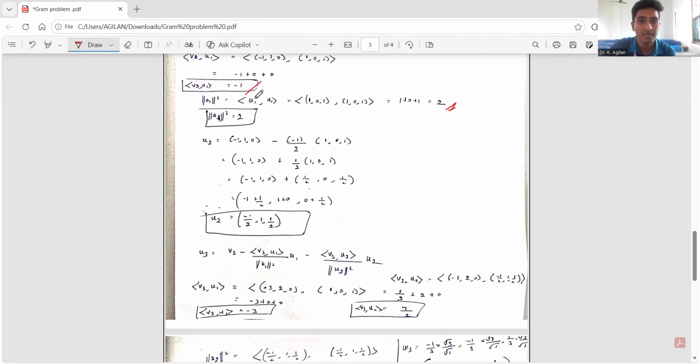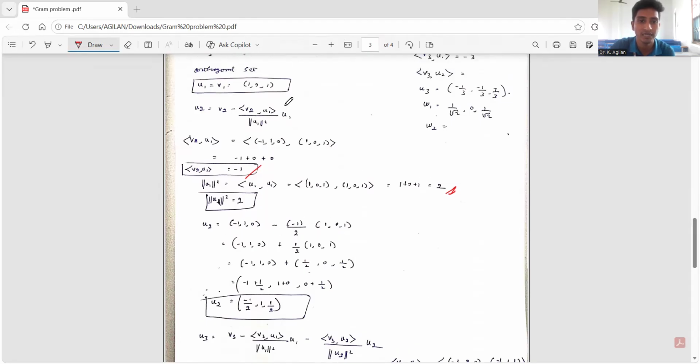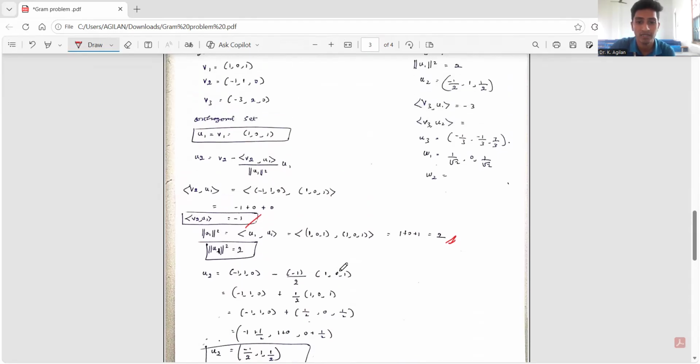So U2 is V2, which is minus 1, 1, 0, minus the inner product of V2, comma U1, which is minus 1, divided by the norm of U1 square, which is 2. We also substitute the U1 value, which is simply V1: 1, comma 0, comma 1.